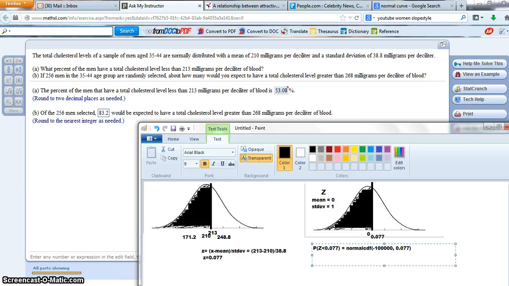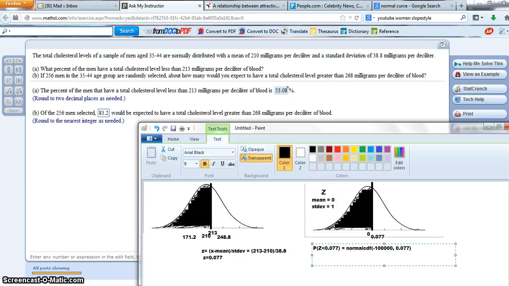And if I put that into my calculator, second distribution down to the normal CDF, I put in negative 100,000, comma, 0.077.